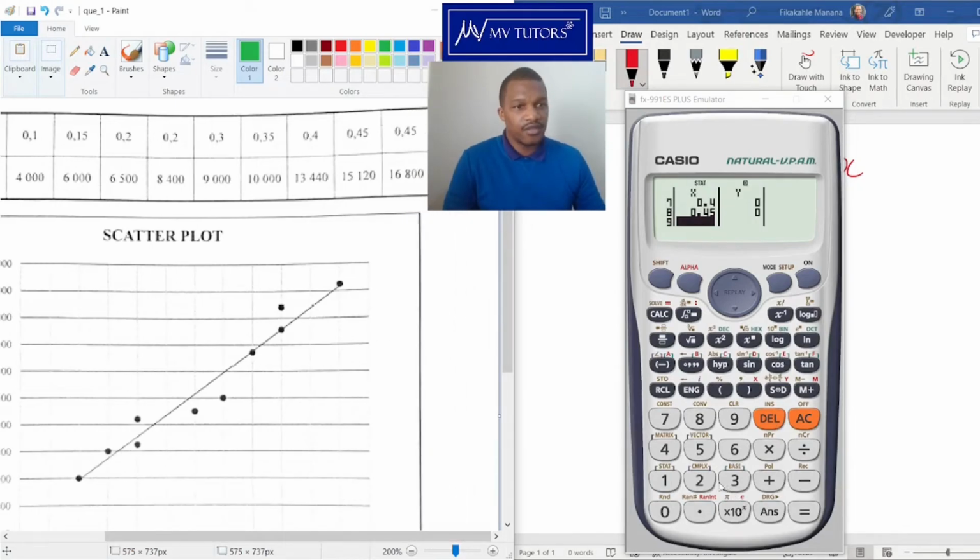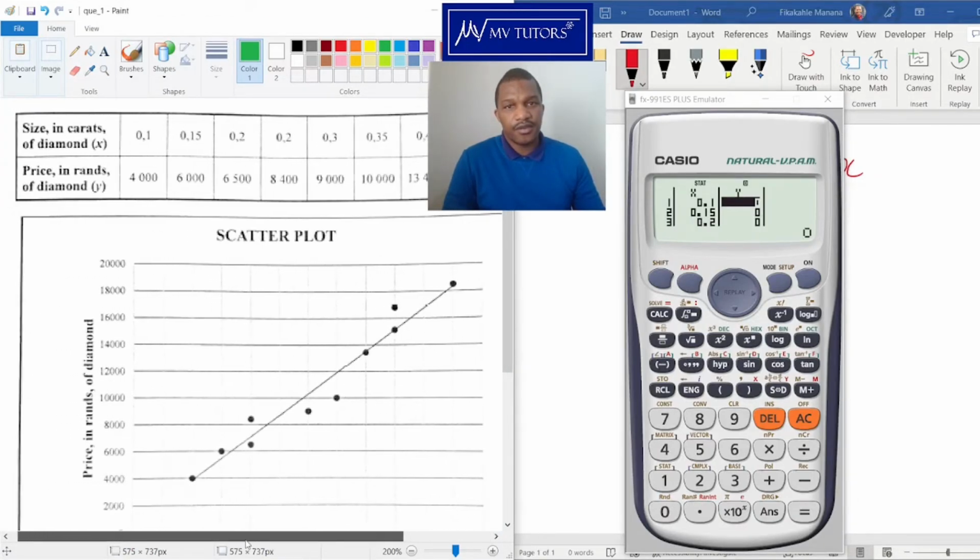Okay, there's another 0.45, and then the last one is 0.55. Cool, it's 10 values.